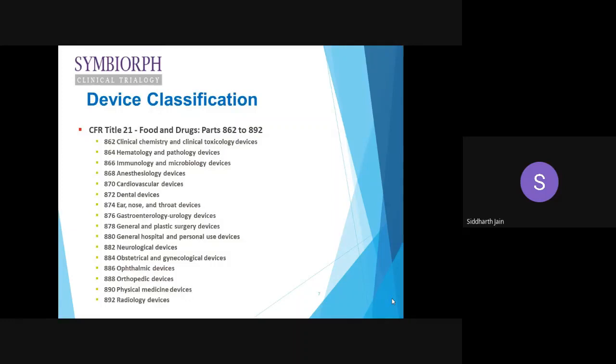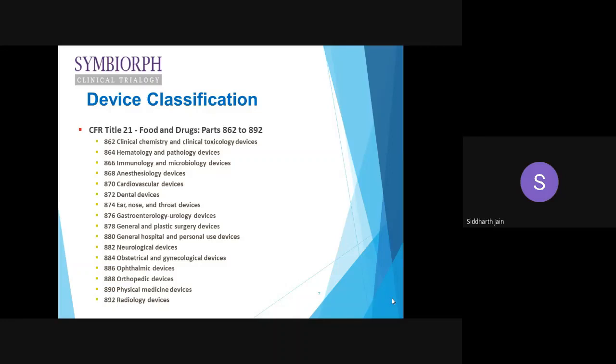Next slide. As I told you, there are different parts, and depending upon those parts, you have to choose in which device classification or device regulatory number will be applicable to you. Suppose you are manufacturing a cardiovascular device, or an ear, nose or throat device, so you have to follow the 21 CFR 874, or you have to follow the 21 CFR 870.